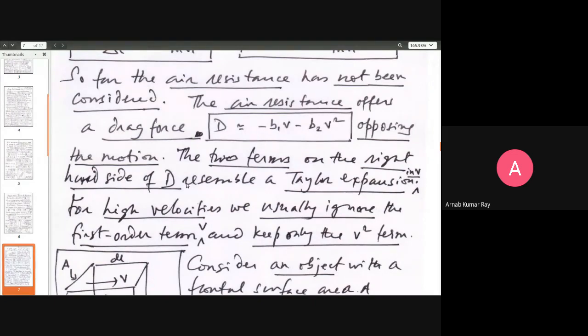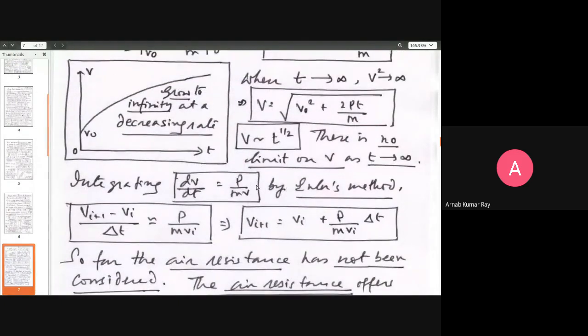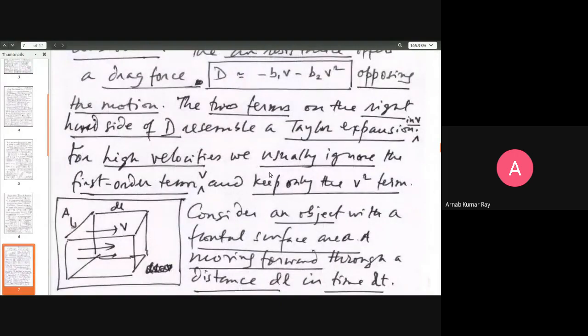And now the two terms on the right-hand side of D resemble a Taylor expansion in V. I hope you know, if I were to ask you to carry out a Taylor expansion about a certain point of a function of V, then there will be a zero order term, then a first order term, and then a second order term, a cubic order term, whatever. You have done all these things, Taylor expansion of functions. You can do that.